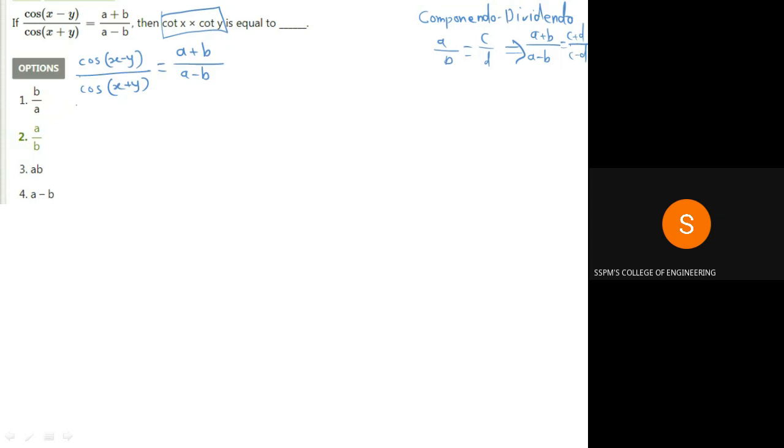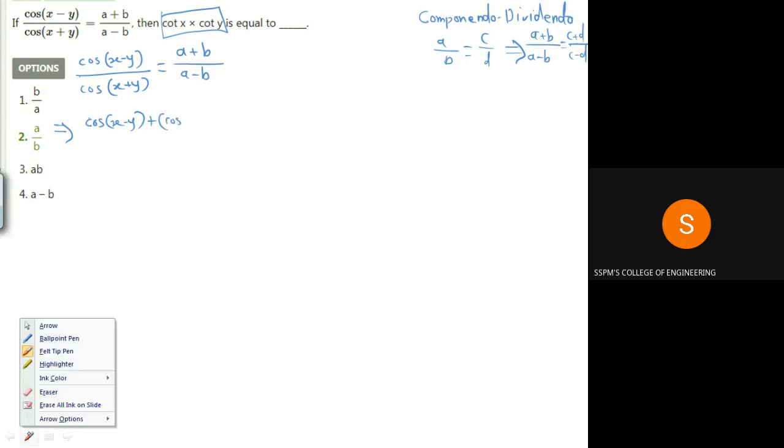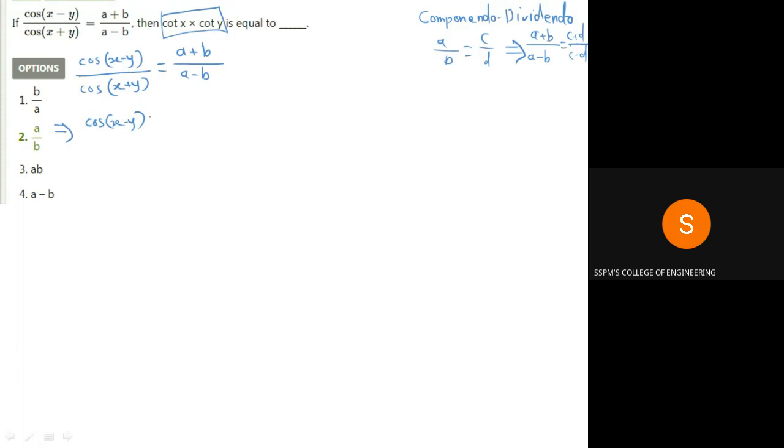So now again we will come back to the question. This is the numerator here, and this is the denominator. First we will add them in the numerator. So cos of x minus y plus cos of x plus y, divided by cos of x minus y minus cos of x plus y.